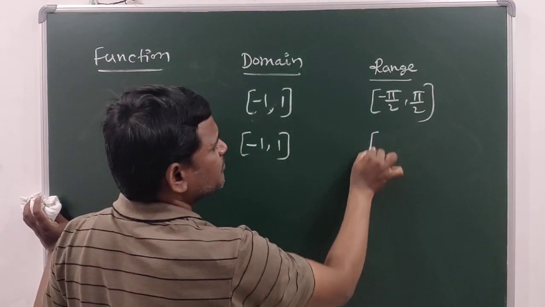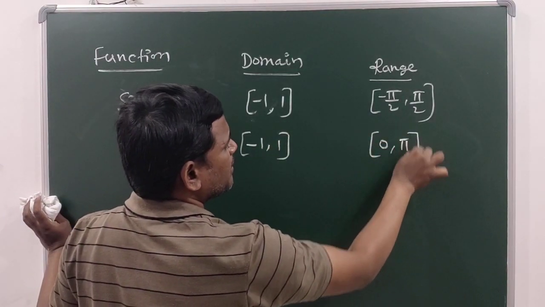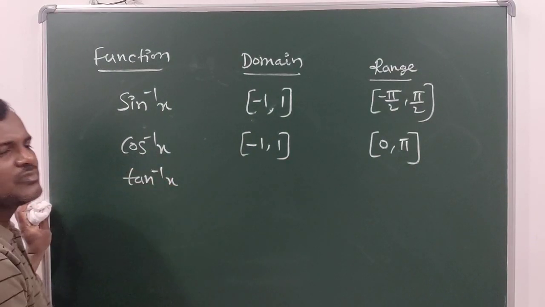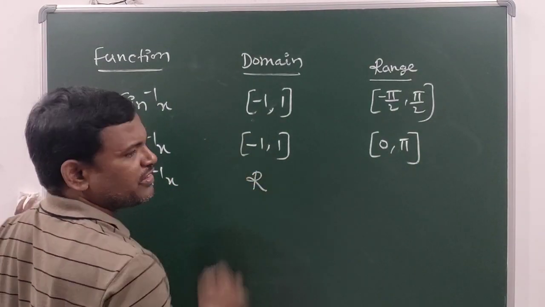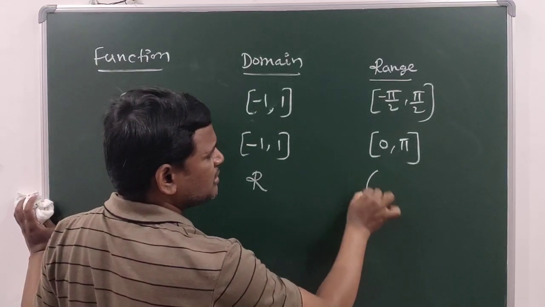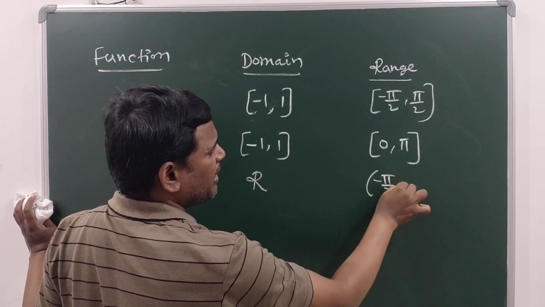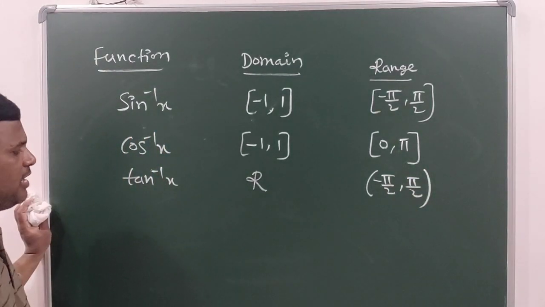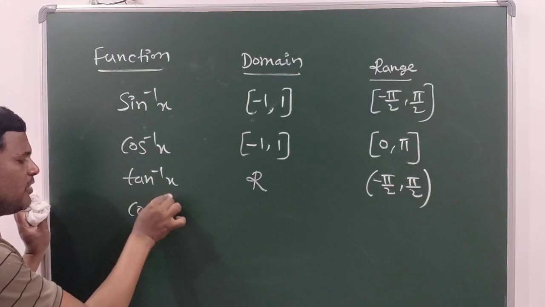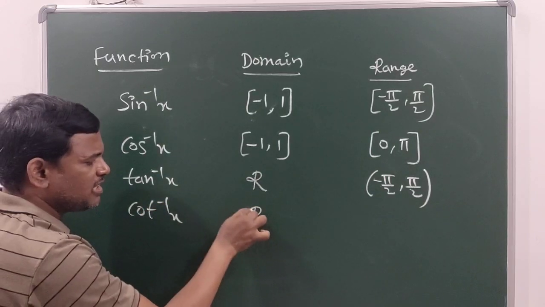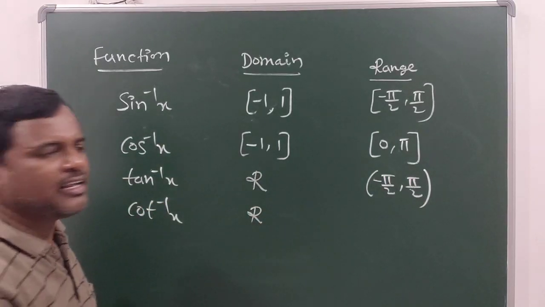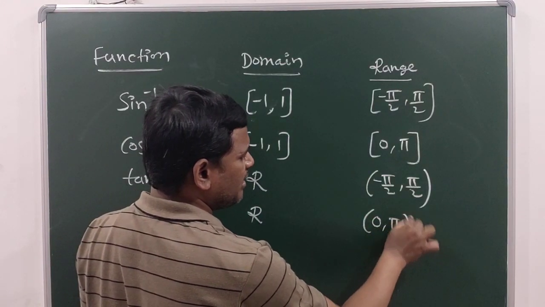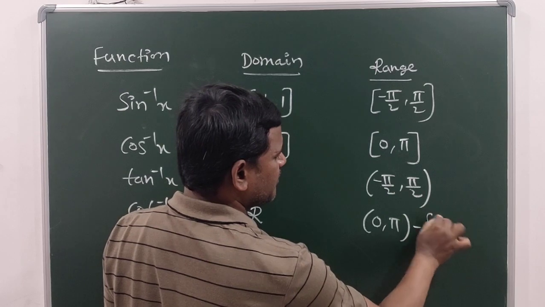Okay, right. For cos inverse of x, domain minus 1 to 1 and the range 0 to pi. And for tan inverse of x, domain is set of real numbers, whereas range is open interval of minus 90 to 90. Okay, right. Let us go to the cot inverse of x. So domain is set of real numbers, and the range open interval of 0 to 90, minus should be subtracted.